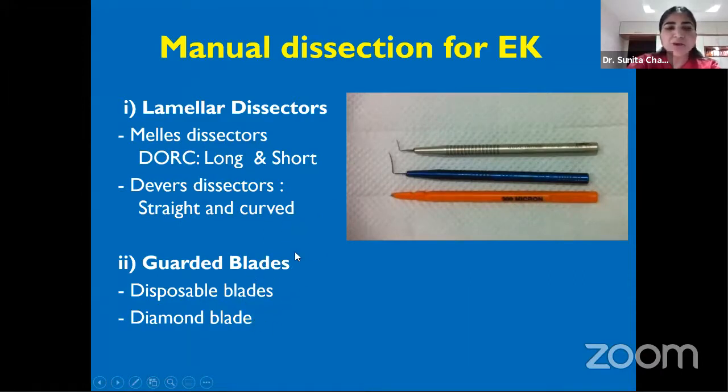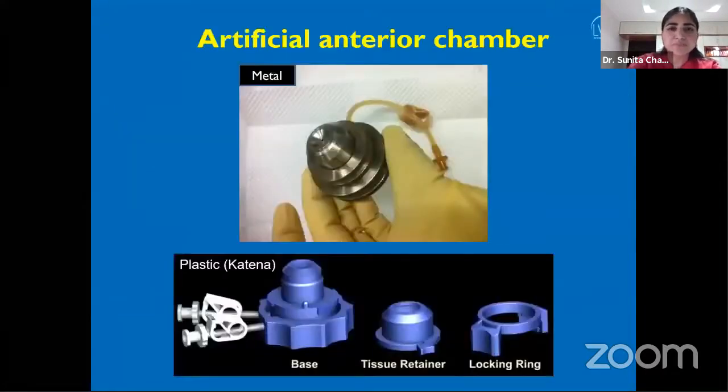Any of these is fine. But what I have commonly used and find more comfortable are the Melles dissectors, these ones, and the BD blade, which comes with guarded blades of 350, 400, 300. So you can choose depending upon your requirement of the donor cornea.